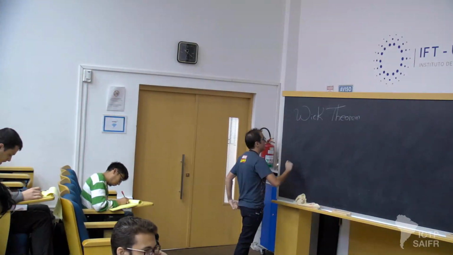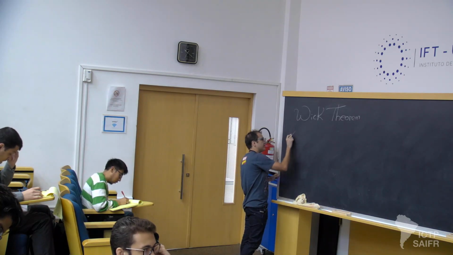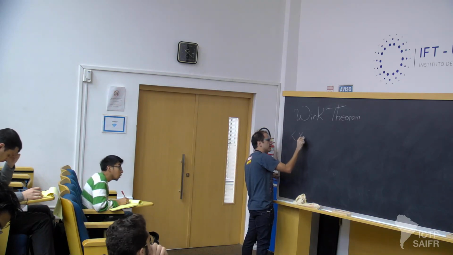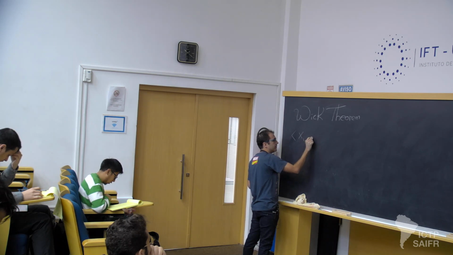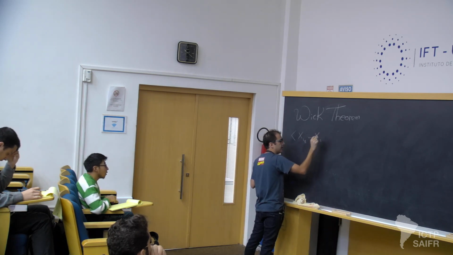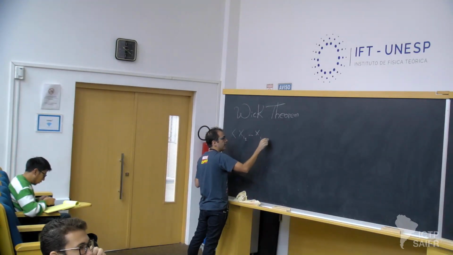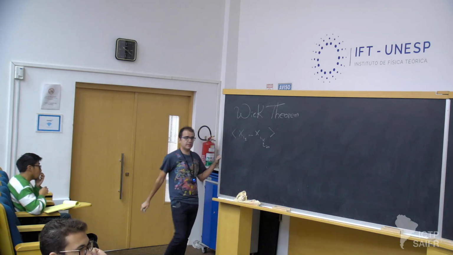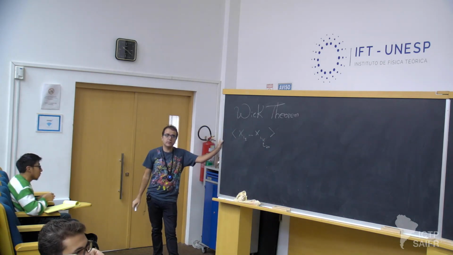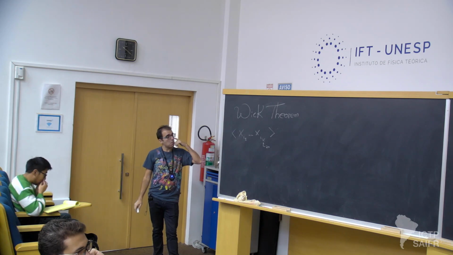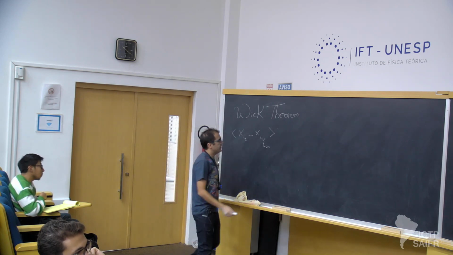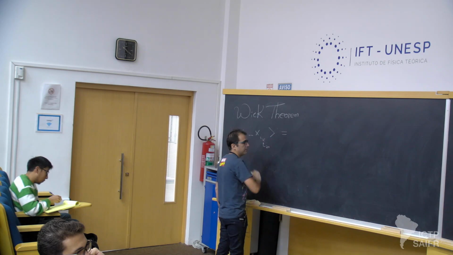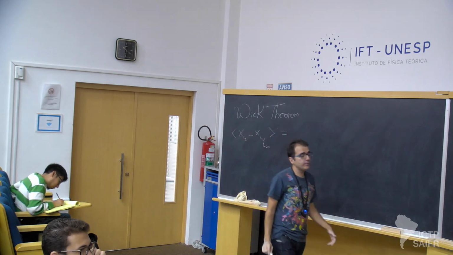And Wick's theorem says that if I have the expectation value of x_i1 dot dot dot x_ik, where this k is 2n, otherwise the result is 0, then this is equal to the following.